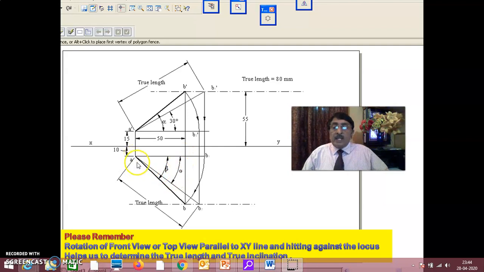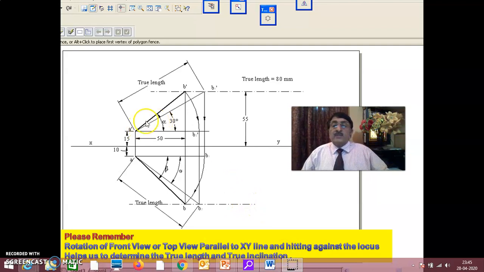In the same way, in case you have the top view, make the top view parallel to the XY line, hit against the locus, and you will get the true length and true inclination. In some of the problems, unless you know this, you can't manage. That is why I have given clearly, please remember: rotation of front view or top view parallel to the XY line and hitting against the locus helps us determine true length and true inclination. This you never forget.